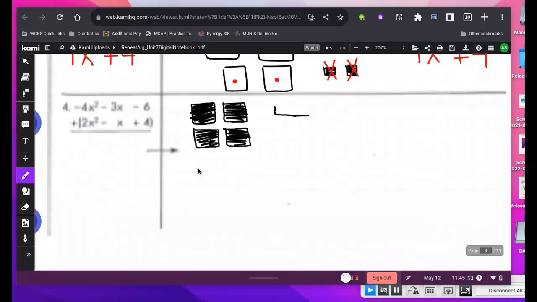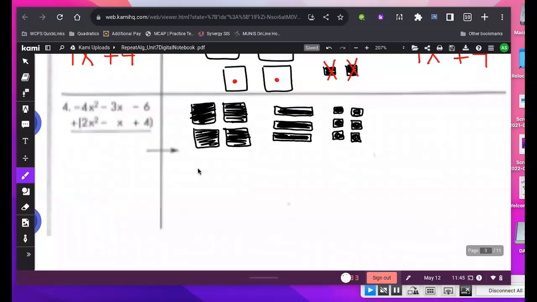So I'm going to have 3 of the long skinny tiles, but since they're negative, I'm going to shade them in. And then I have minus 6. So I'm going to have 6 of the little small tiles. And since they're negative, I'm going to shade them in also. So all of my terms in my first polynomial are negative. So all of the tiles are shaded in.